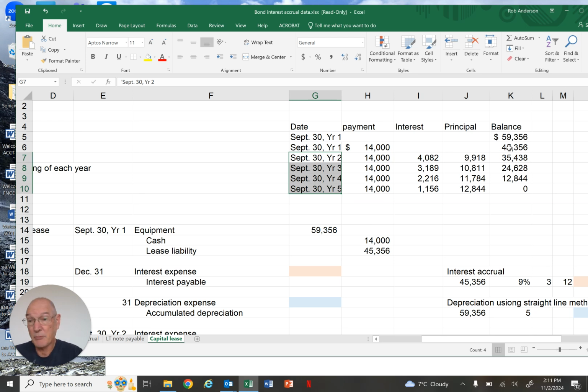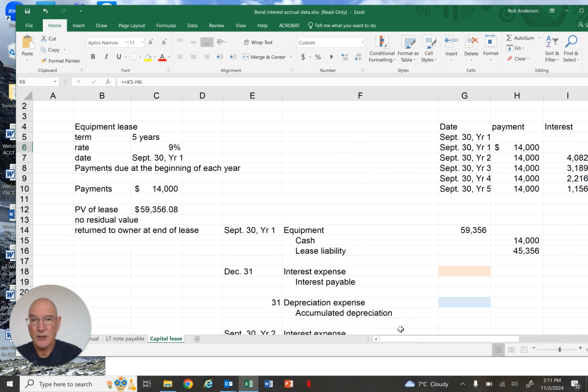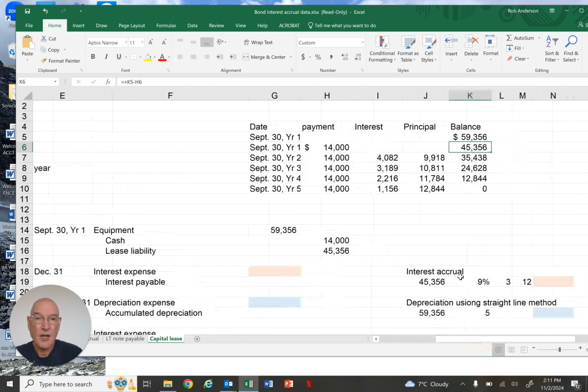Just like your bond amortization schedule, we take the lease amount, which is the liability under the lease, and multiply it by the lease rate, which was 9%, and that gives us interest of $4,000. So of that $14,000 payment, $4,000 and change is an interest expense, and $99.18 pays down our lease liability. That's a principal payment on the lease. So now we only owe $35,000.